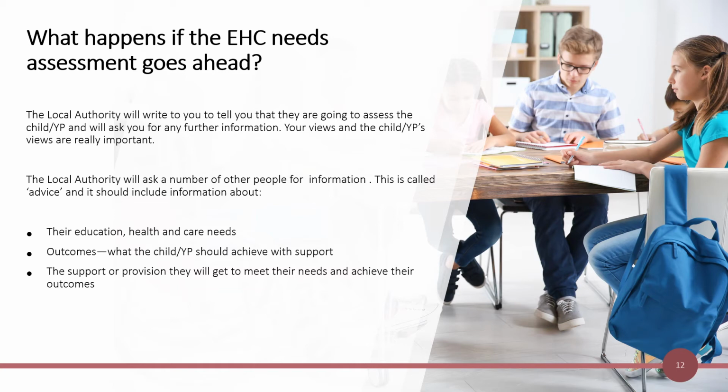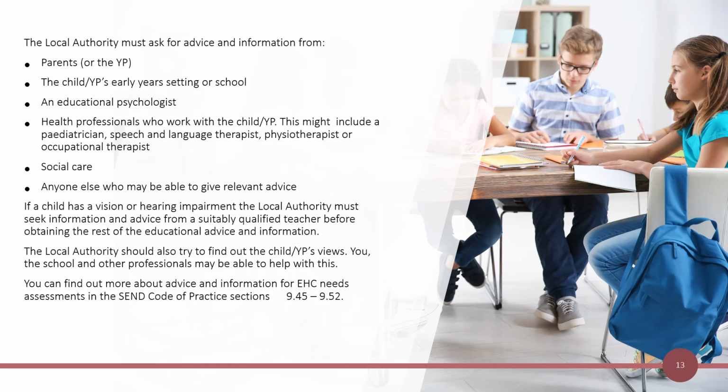The local authority must ask for advice and information from the parent or young person, the child or young person's early years setting or school, an educational psychologist, health professionals who work with the child or young person. This might include a paediatrician, speech and language therapists, a physiotherapist, or an occupational therapist, social care, or anyone else who may be able to give relevant advice.